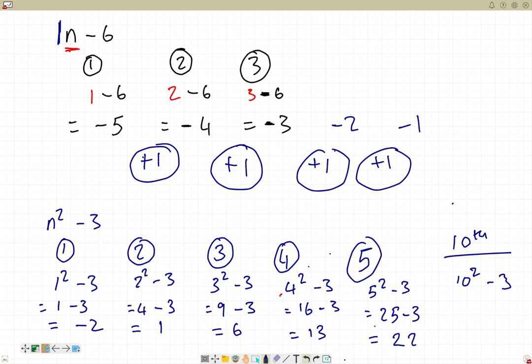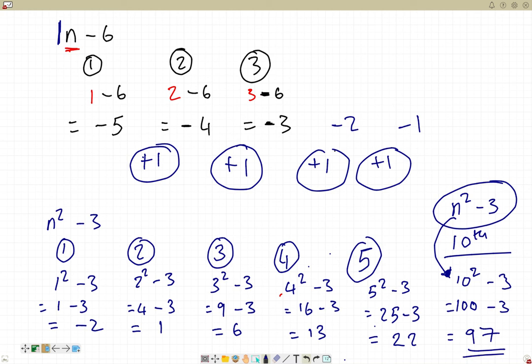So here's my nth term. Instead of n, I've substituted in 10. So 10 squared is 100. Take away 3 gives me 97. So the 10th term would be 97.